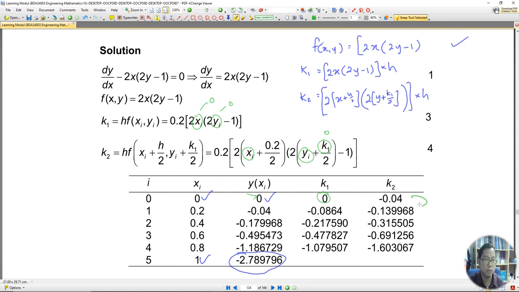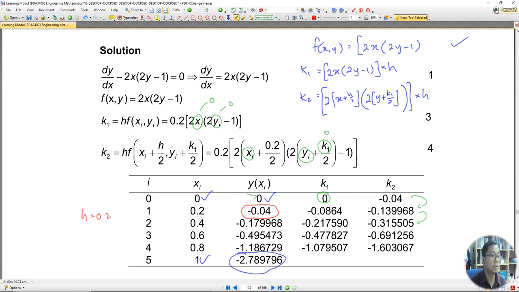All this procedure, all this iteration, is repeating. Another thing that I want to highlight is, in order to identify the next value of y, the summation of x follows the h value. h is equal to 0.2, so x starts from 0, then 0.2, plus 0.2 is equal to 0.4, 0.6, 0.8 and until 1.0.